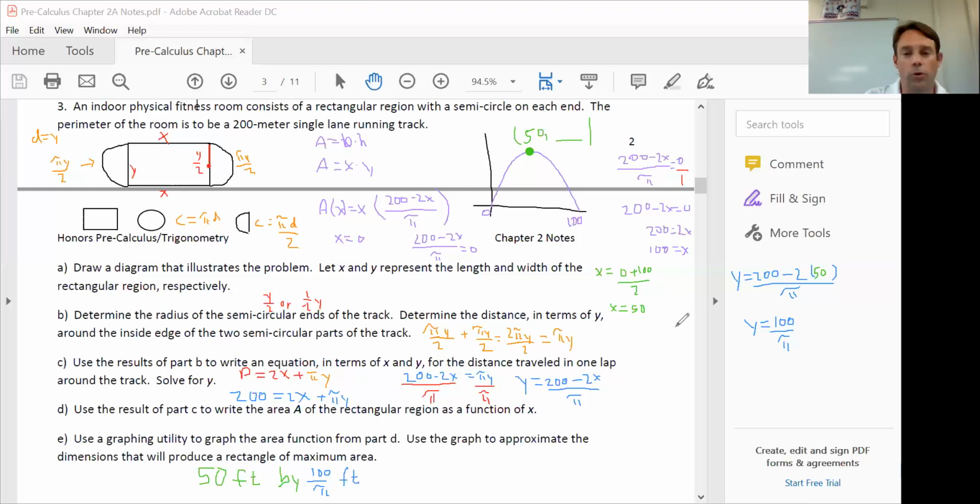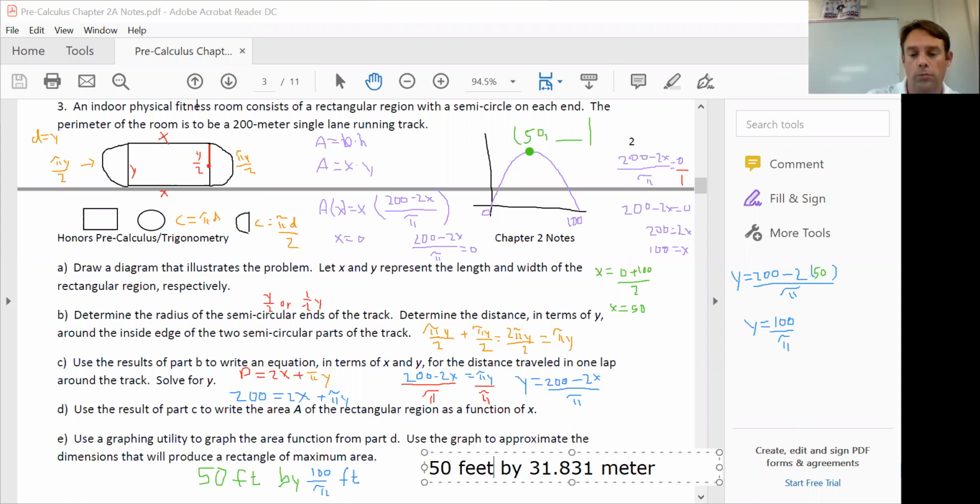Or if you're a person that really likes to know what those specific values are, we can do that too. If you want the decimal answer for that, that'd be 50 feet by 31.831. Actually, it's meters, not feet. Oopsies.